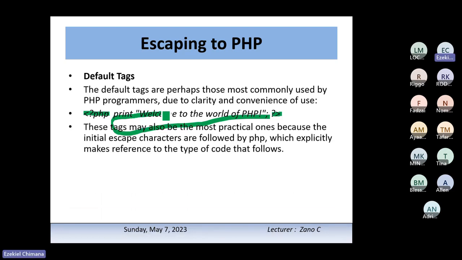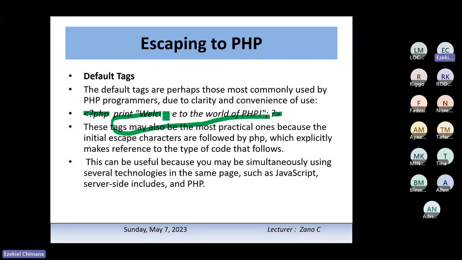These tags may also be the most practical ones because the initial escape characters are followed by the PHP keyword, which explicitly makes reference to the type of code that follows. This can be useful because you may be simultaneously using several technologies in the same page, such as JavaScript, server-side includes, and PHP.